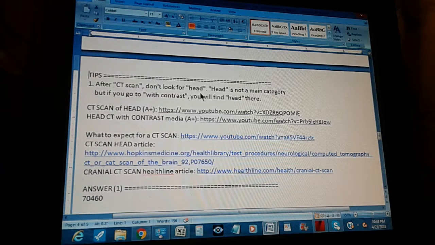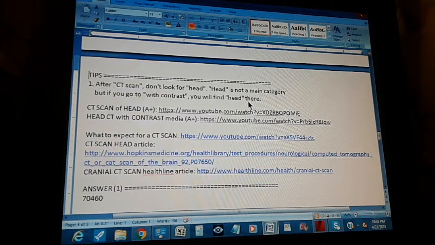This is why we don't consider this level 0, because it is very easy, but it has a trick. You would say, okay, first I go to CT scan, which is the procedure, and then I go to the anatomical part, the head. But don't do that, because you're not going to find it that way. Head is not a main category for this, but if you go to with contrast, then you find head there, as a subcategory of with contrast.